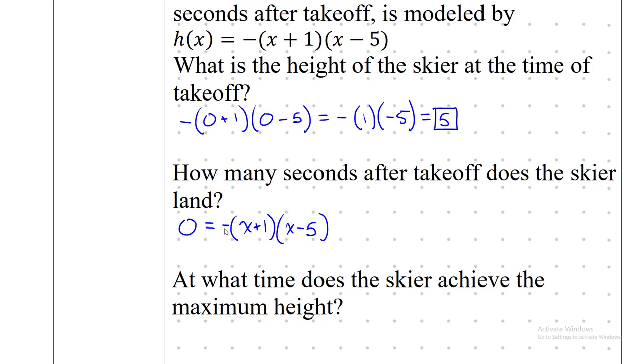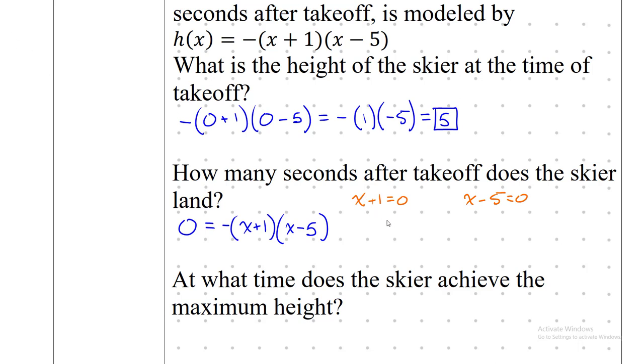I'm going to multiply both sides by negative 1, which essentially gets rid of this negative sign. When I do that, I'm going to use the zero product property here, and I'm going to say that x plus 1 is equal to 0, or x minus 5 is equal to 0.